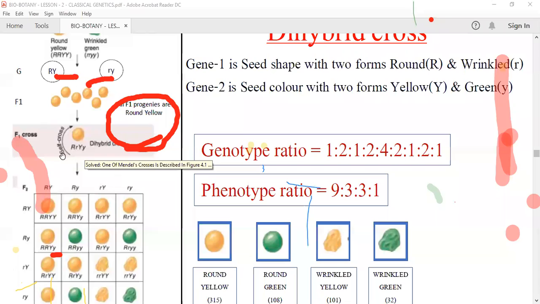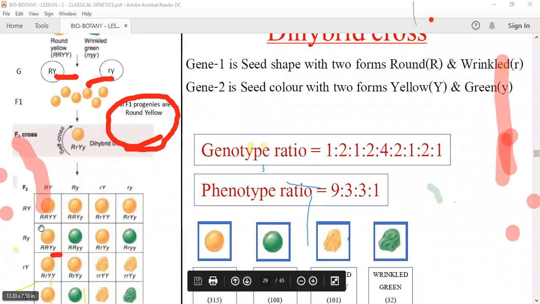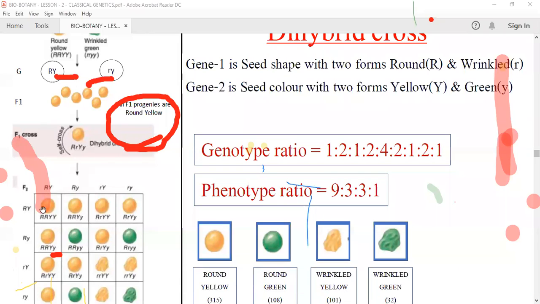First the R joins with this R and this one here, and this R and this small y here, and second you have to put small r and capital Y here, and then small r, small y here. The same gametes you have to put on this side also. Again you have to combine these two, capital R, capital Y, and these genotypes together you can write.